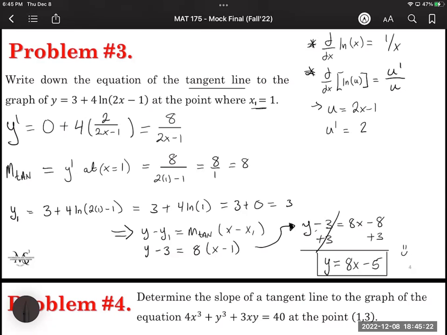Oh no, I meant once I find the derivative, I plug in the x value to find y first, and after I get the y, then I get my slope. No, it wouldn't matter as long as you plug into the correct functions. You plug x into the original equation to get y1, and then you plug in 1 again, but this time into your derivative to get your slope.